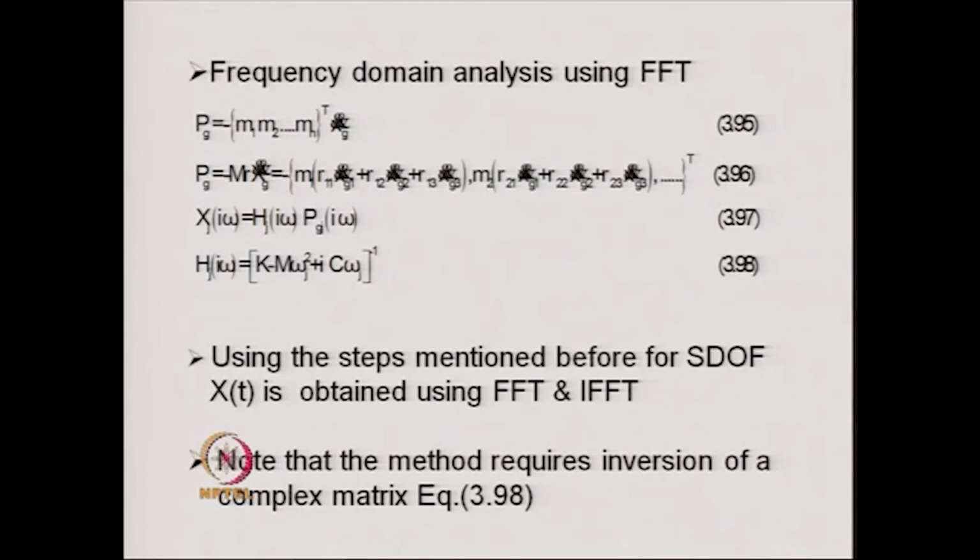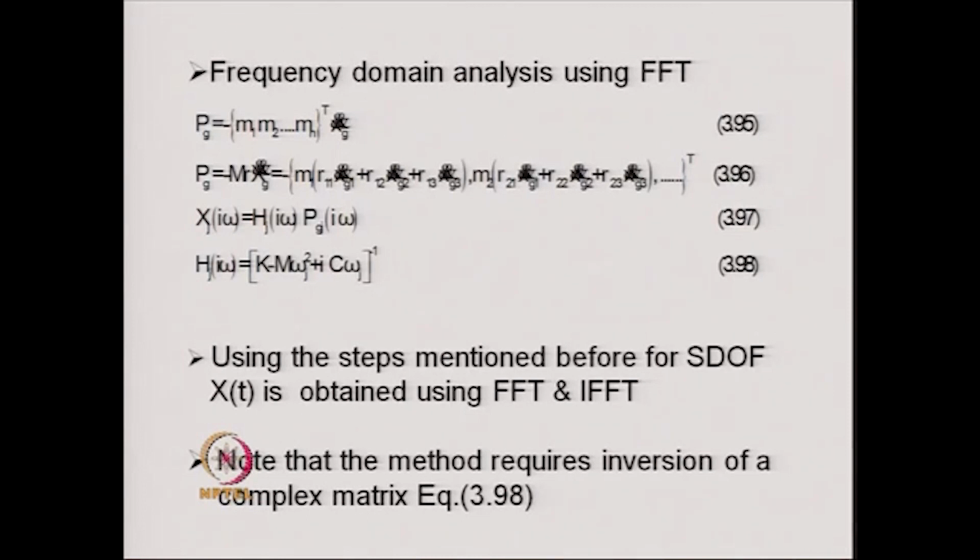In equation 3.95, the terms which are shown are very straightforward, with x double dot g as a single time history, whereas equation 3.96 is a little involved, in the sense that the terms of the load vector turn out to be the mass of a particular floor, say first floor, multiplied by the sum of R11 x double dot G1 plus R12 x double dot G2 and so on, where R11, R12 etc., are the elements of the R matrix that you have obtained before.